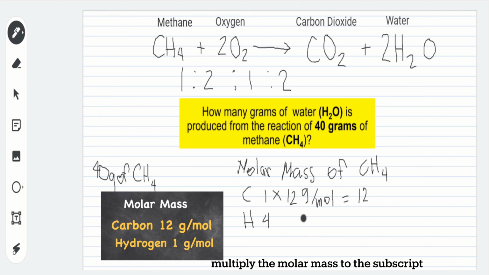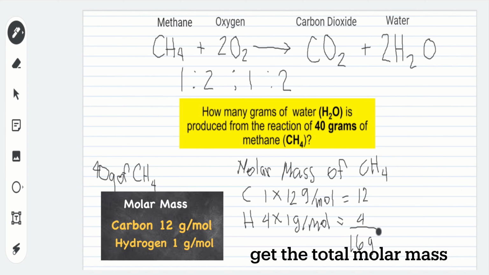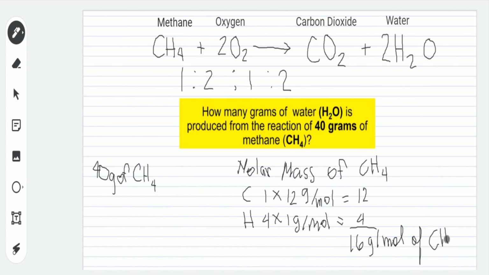And of course, for hydrogen, rounded off, it's 1. So 4 times 1 gram per mole, we have 4 grams per mole. So, kunin natin yung total. 12 plus 4, that is 16 grams per mole of methane. So, ibig sabihin, in 1 mole of methane, meron tayong molar mass na 16 grams per mole.